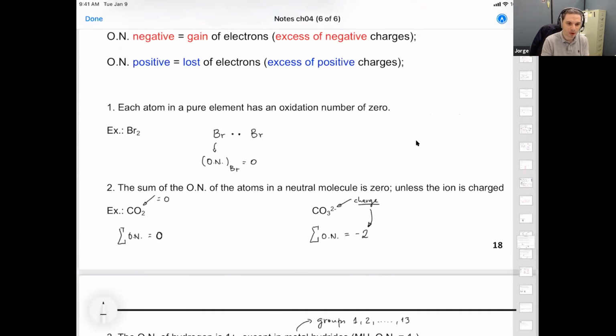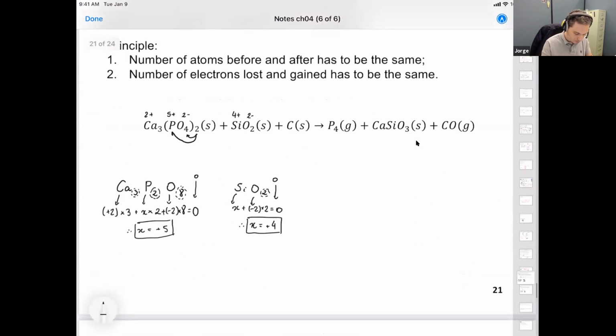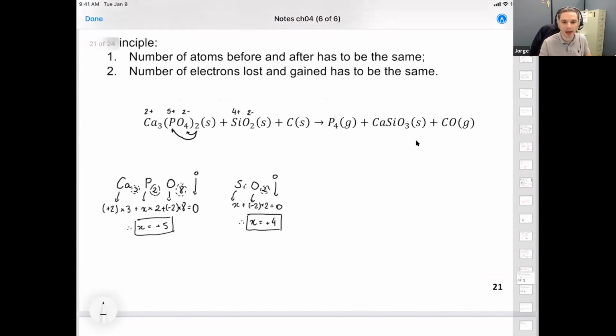So if the compound is formed by only one kind of element, that means the oxidation number of this element has to be 0, unless there is a charge outside. So here we have carbon by itself, no charge outside of the compound, which means the oxidation number for carbon is 0.